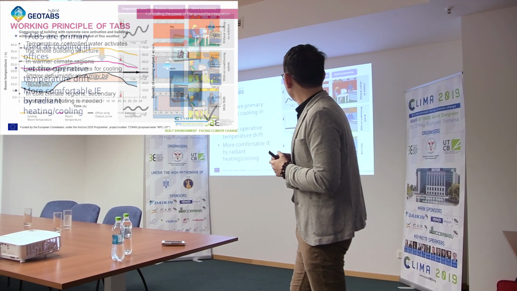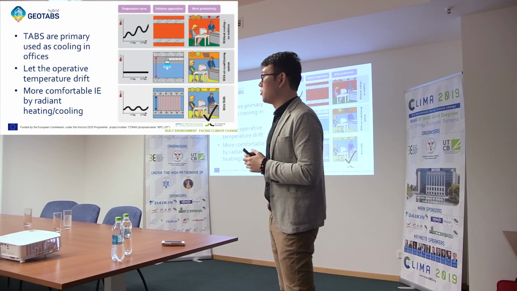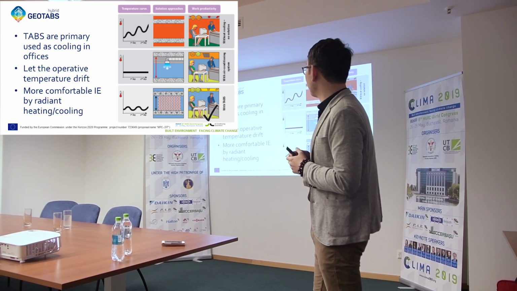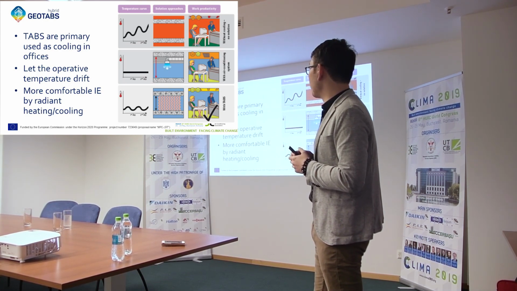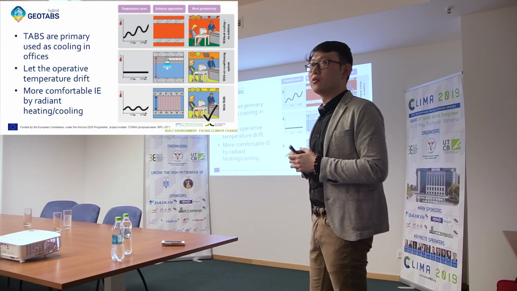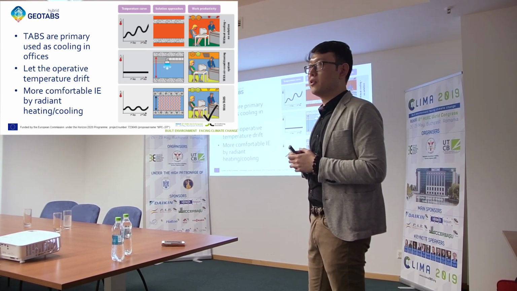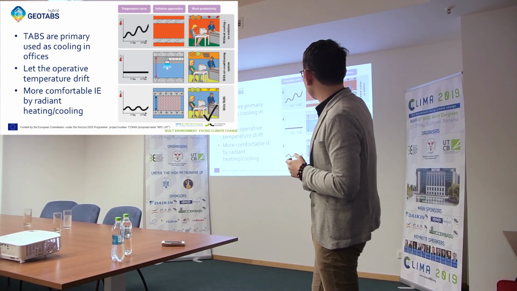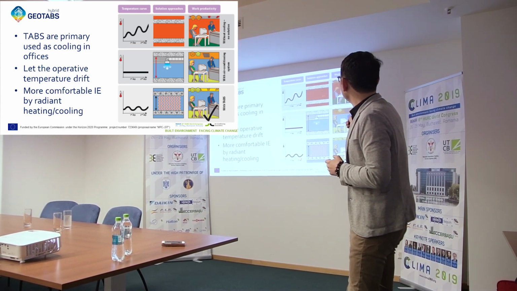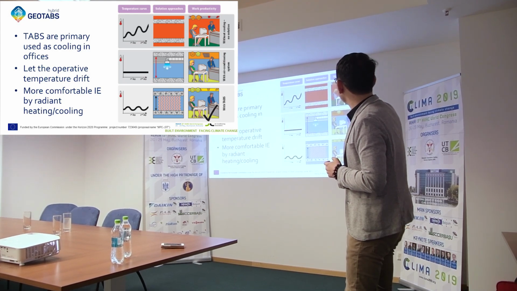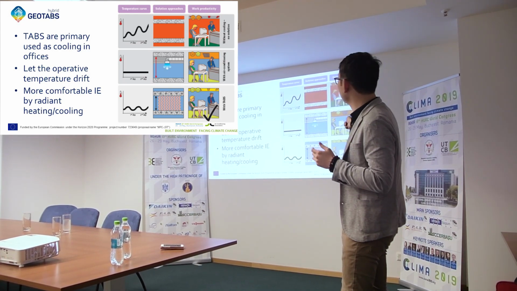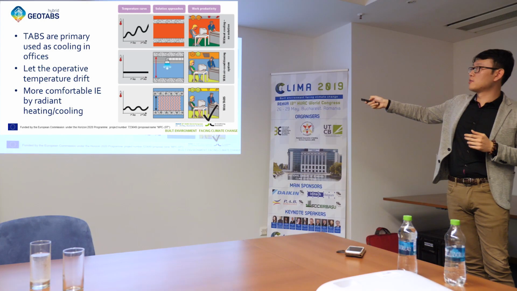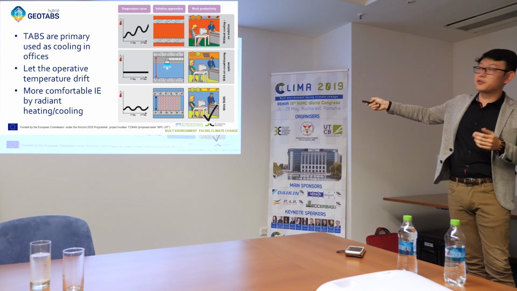Okay, a few things for you to know about how TABS works. As we mentioned, TABS are primarily used for cooling, usually in offices, not in residential buildings. If we compare these three systems, the first one is without any cooling or solutions; it gets very hot when the temperature outside gets warmer, of course.